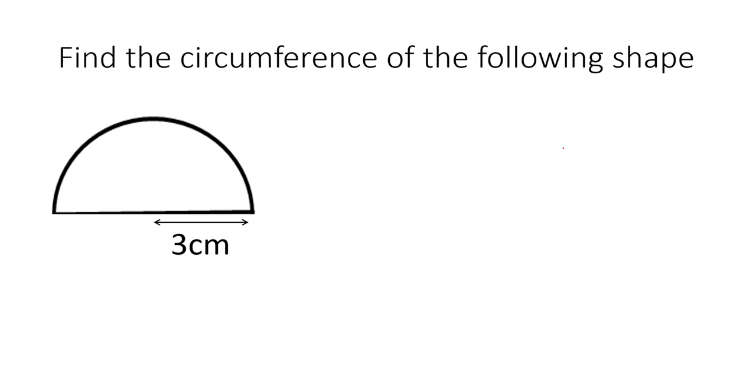If we were to find the circumference of this shape, we're going to have to do pi times 6, which gives us an answer of 18.84 and so on. We then have to halve it, so we divide 18.84 by 2, which gives us an answer of 9.4247 and so on.